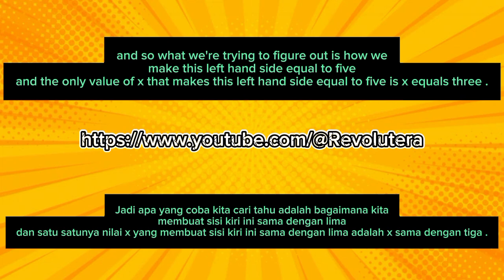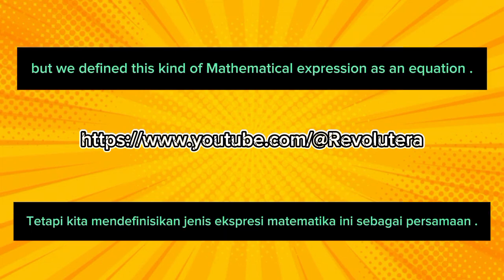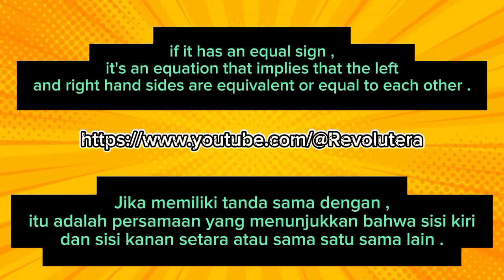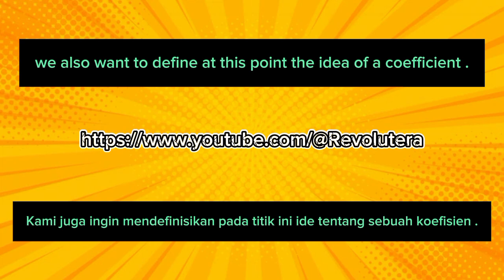And the only value of x that makes this left-hand side equal to 5 is x equals 3. But we define this kind of mathematical expression as an equation. If it has an equal sign, it's an equation that implies that the left and right-hand sides are equivalent or equal to each other. We also want to define at this point the idea of a coefficient.